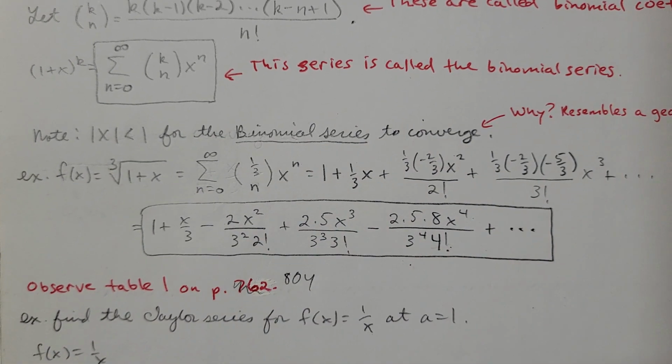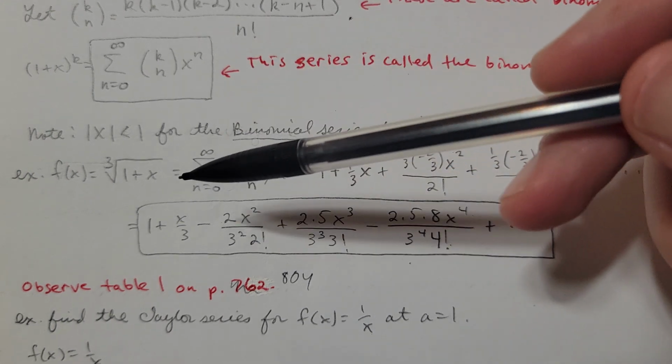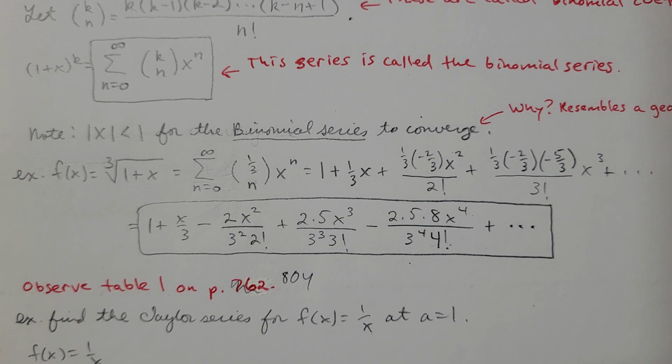So let's take a look at this example. What if I had wanted to find a power series for f of x equals the cube root of 1 plus x? Well, that's (1 plus x) to the 1/3 power, right?